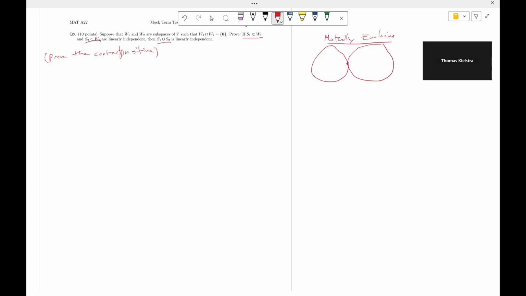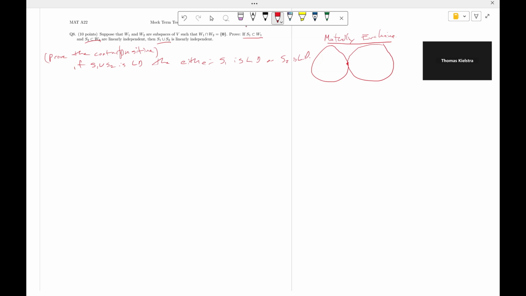And the contrapositive here is: if S1 union S2 is linearly dependent, then either S1 is linearly dependent or S2 is linearly dependent.